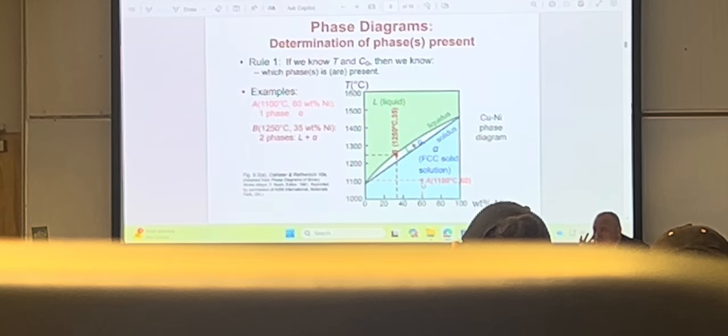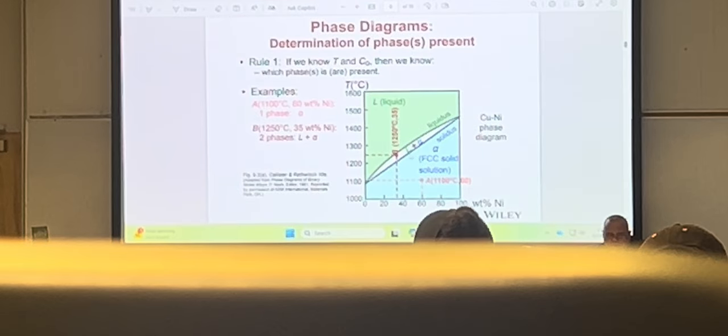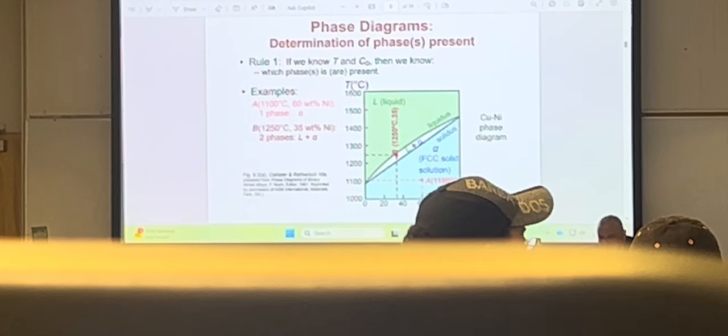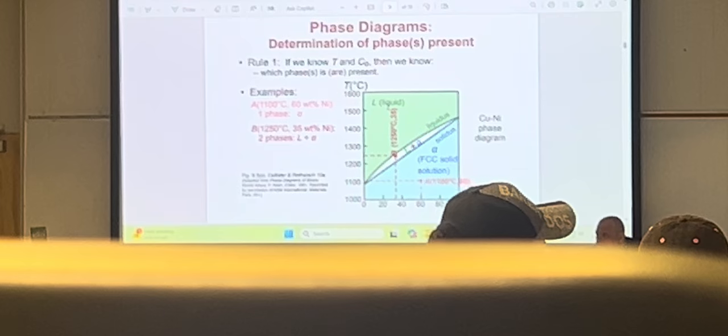Just one, and it's solid. It's solid solution. And at the point B, which is right here, how many phases do we have? Which are liquid and this solid. And if we are somewhere over here, it's all liquid.